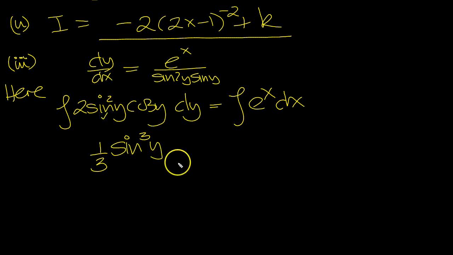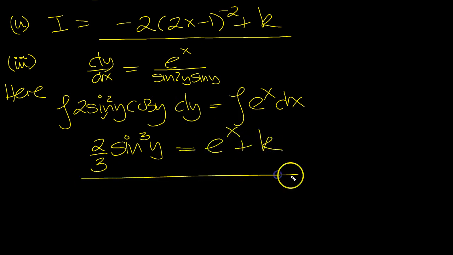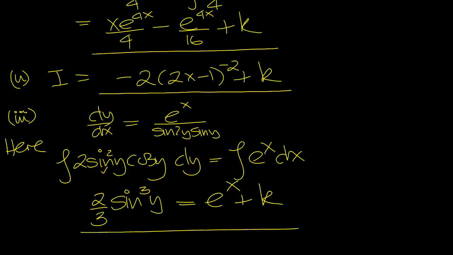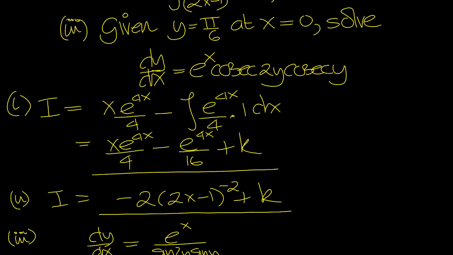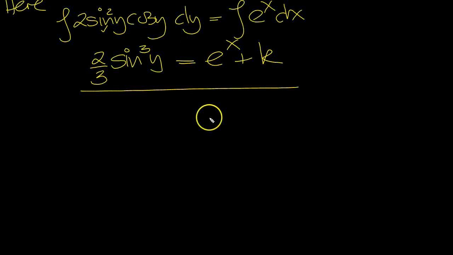Multiplied by the something differentiated, which is cos, but I've got a 2. So I need a 2 there to make the numbers correspond. So when we differentiate this, we end up with this. Integral of e to the x is e to the x plus k. So we get that, and it says solve y equals pi over 6, x equals 0.